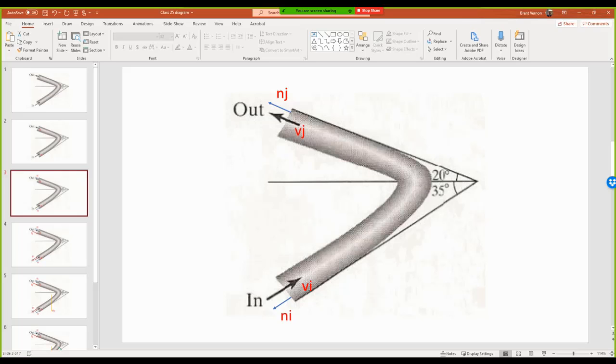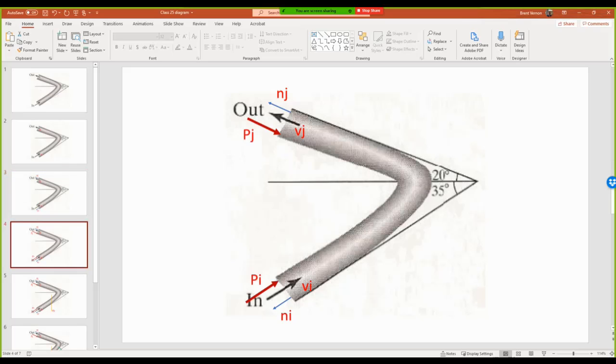These are always vectors that are perpendicular to the surface point of flow, pointing out. So you'll see the vector is pointing out on both the entrance and the exit. And I labeled those as unit vector n_I and n_J.